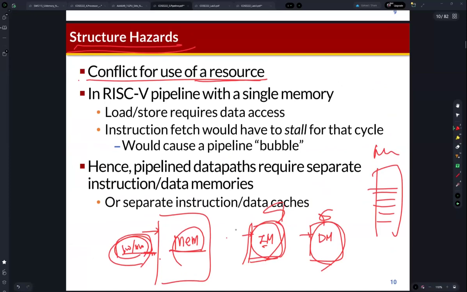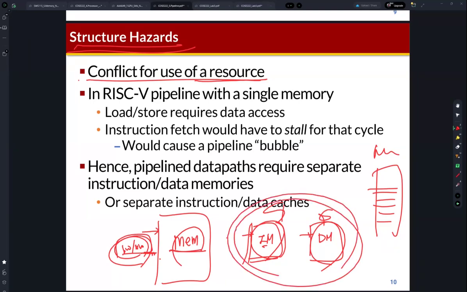In this simple pipeline architecture, we do not observe the structure hazard because structure hazards are already resolved. But in real hardware design, we can observe structure hazards.